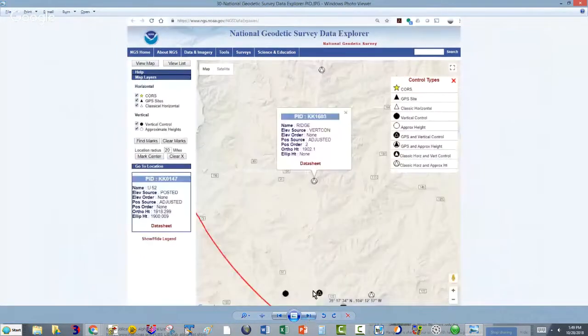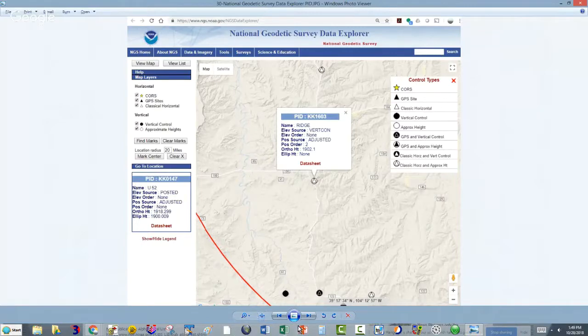And then you can click on a mark and bring up what type of mark it is. There's all different types. Some are horizontal only with a scaled vertical position. Some are very precise vertical benchmarks, and their horizontal position might just be scaled from a map. This one is both.